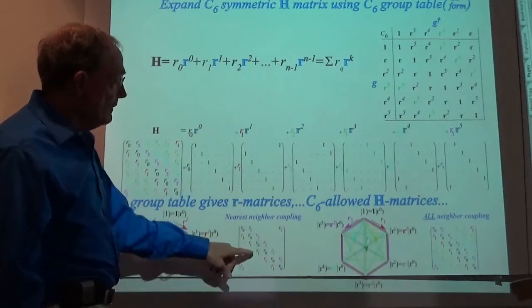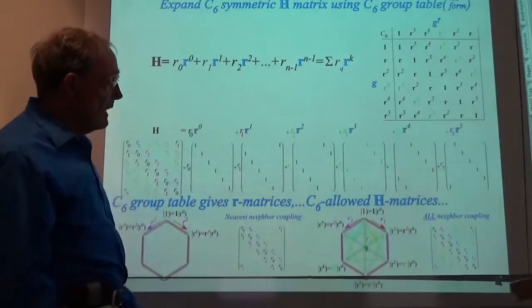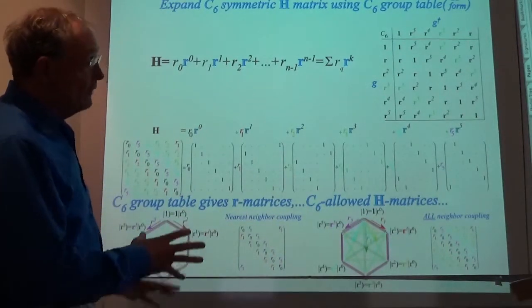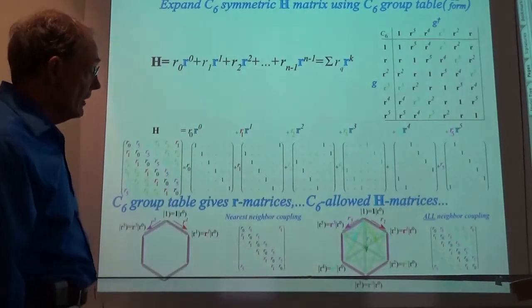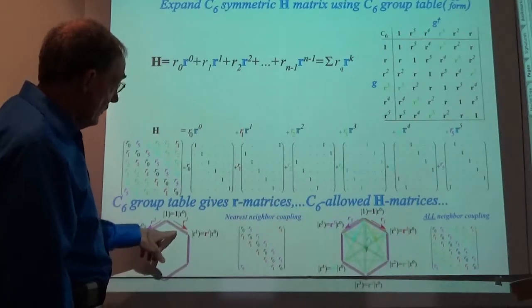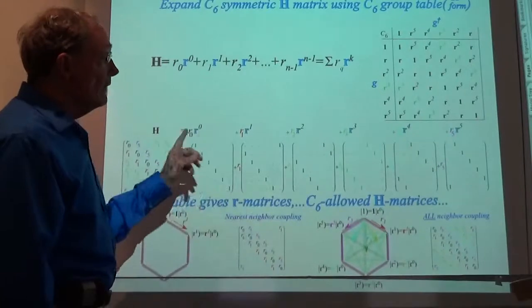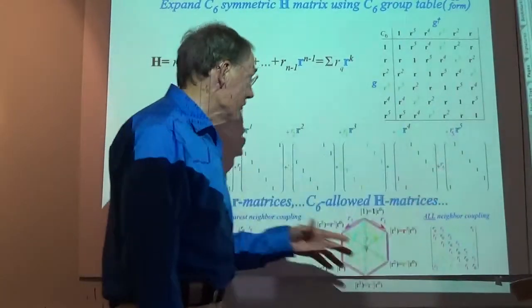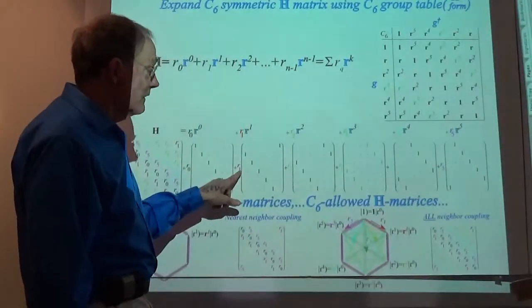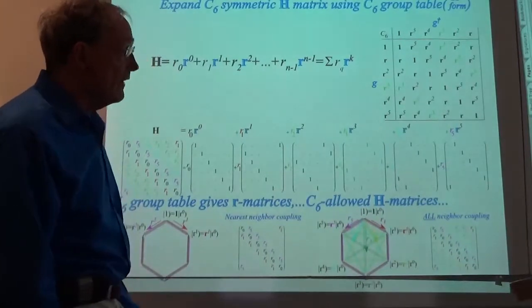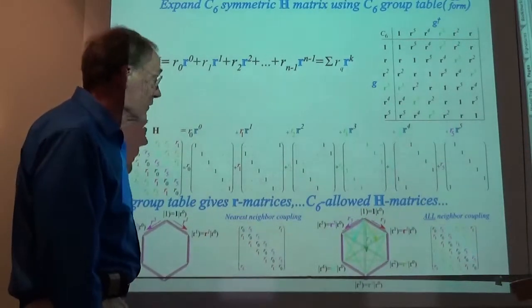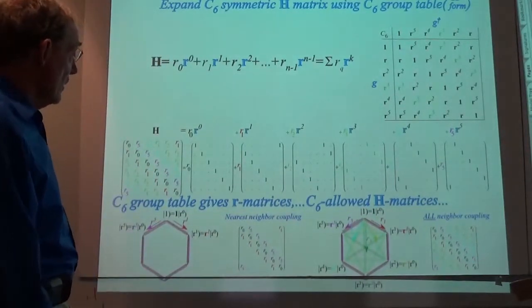The easiest one, which we'll call the block model for a lattice, a very simple hexagonal lattice, consists of just the R1 and the R5. That is R1 and R minus 1. Minus 1 is 5 modulo 6.